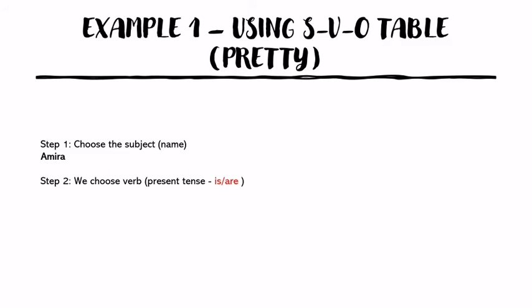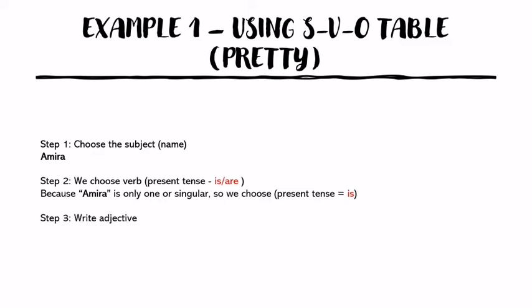Okay, present tense, there are "is" or "are". Okay, because Amira is only one or singular, so we choose present tense "is". So step 3, we will write the adjective. Okay, the adjective here is pretty, or in Malay, cantik.